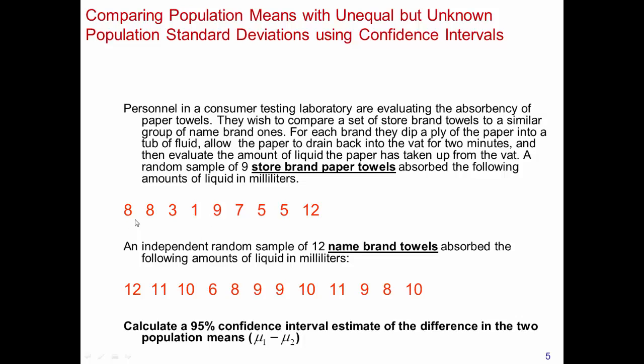And then an independent random sample of 12 name brand paper towels absorb the following amounts of liquid in milliliters, and that's right here. And our task is to calculate a 90% confidence interval estimate of the difference in the two population means.